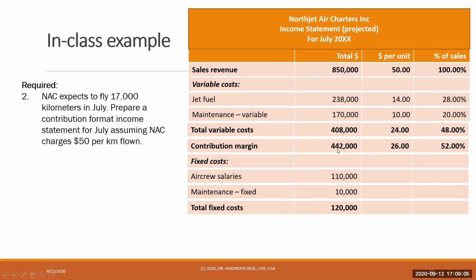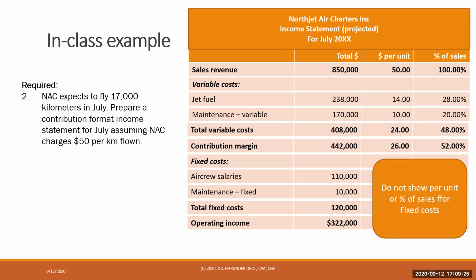So $442,000 of contribution margin minus $120,000 of fixed costs, we're left with operating income, $322,000. You should keep in mind that the per unit and the percentage of sales information is not shown for fixed costs. We only do the math up to the contribution margin row.